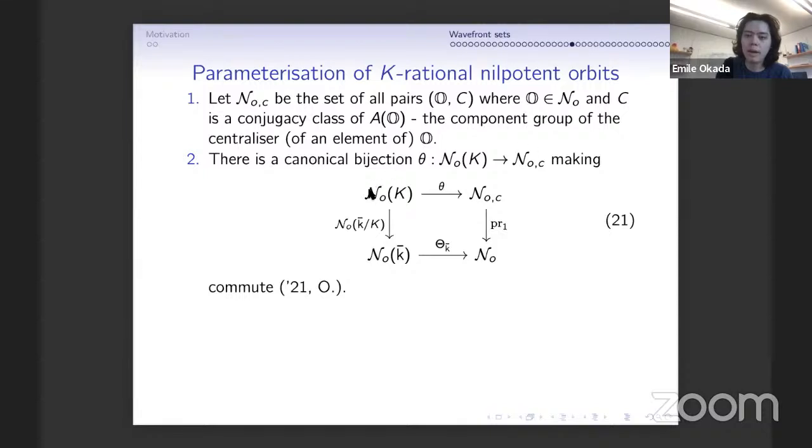So there's a canonical bijection from these unramified nilpotent orbits with NOC, and it's compatible with natural maps.